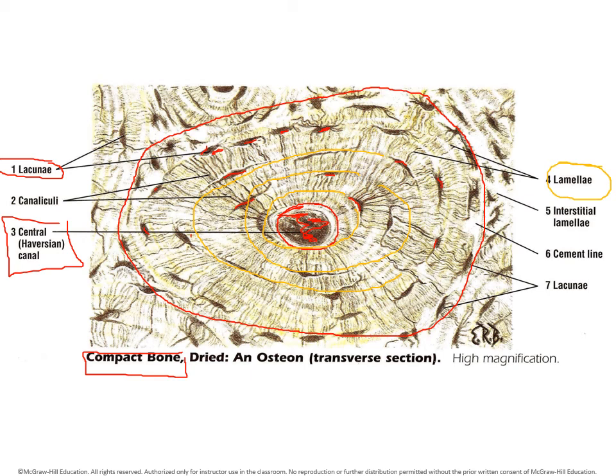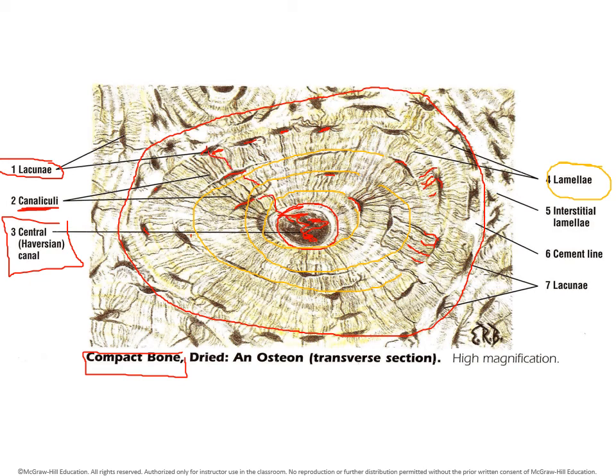And in case you're wondering, well, how do we maintain these cells? Notice how you have all these little black lines that are radiating out from the lacunae. I always thought they kind of look like little spider legs. These are called canaliculi, and canaliculi basically indicate that they're small little channels. What these channels do is they allow nutrients from the central canal to travel through them to the individual lamellae and lacunae.